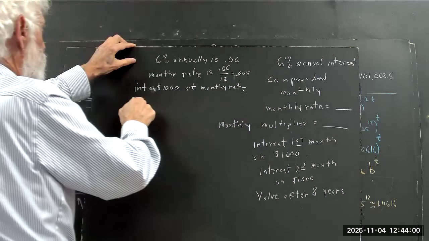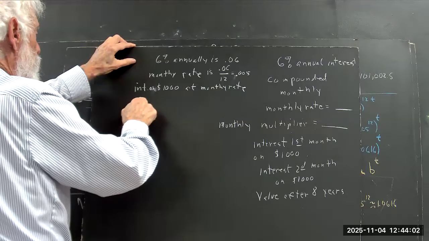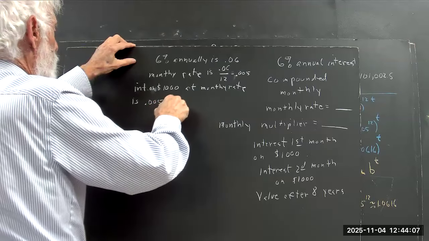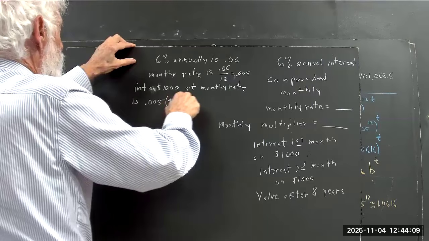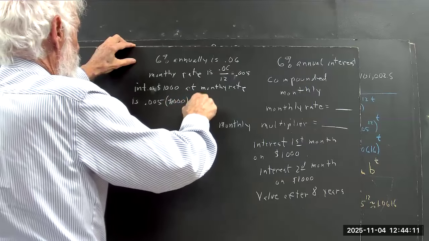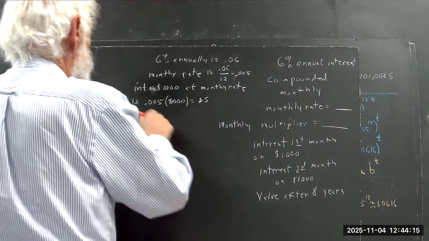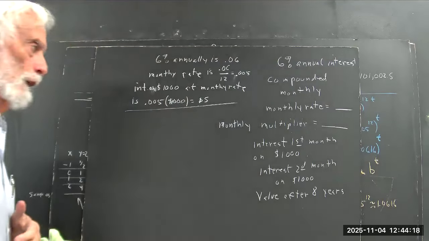If the monthly rate is 0.005 times $1,000, that equals $5.